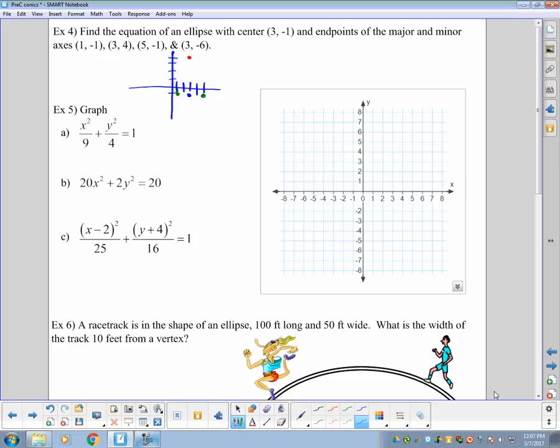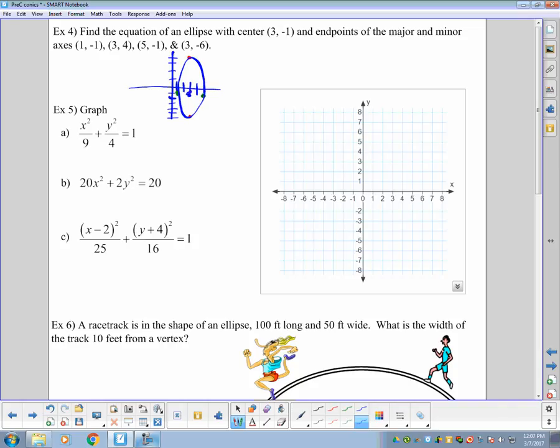And another point at 3, negative 6. So can you tell at this point which is the major axis, or what is it parallel to? Let me draw it in too. Major is going to be the longer of the two axes.